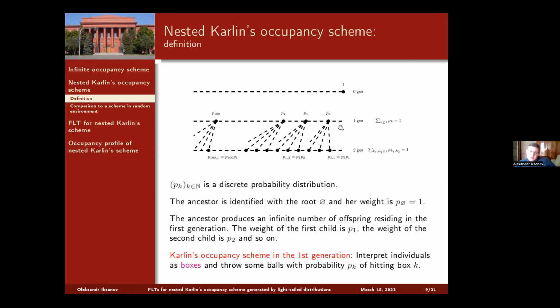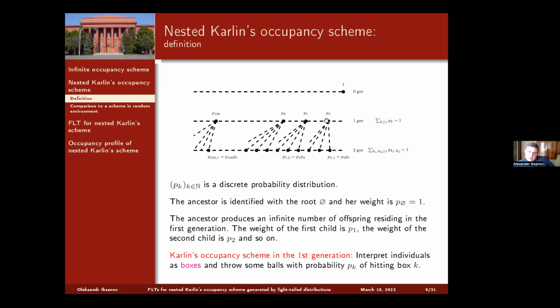She produces an infinite number of offspring residing in the first generation, and the weights of the first generation individuals are given by hidden probabilities. In particular, the weight of the first child is p1, the weight of the second child is p2, and so on. Observe that we don't assume that the probabilities pk are monotone.